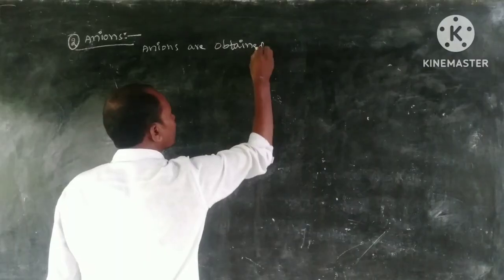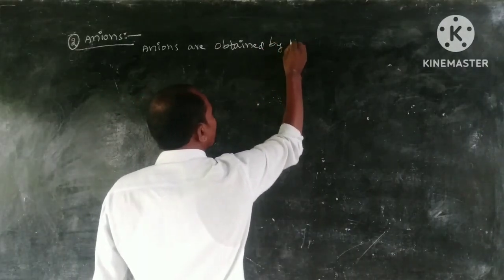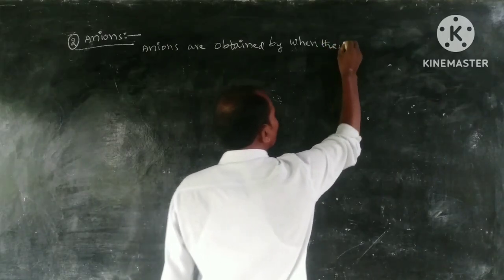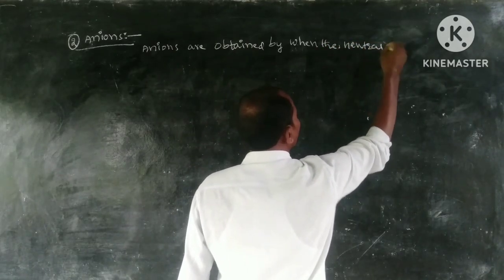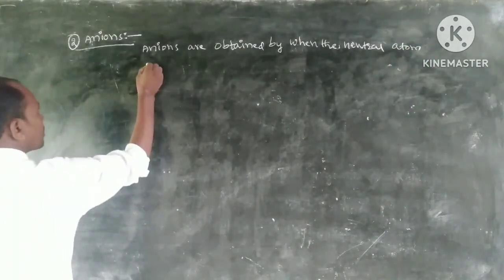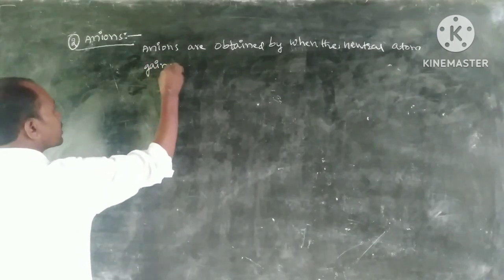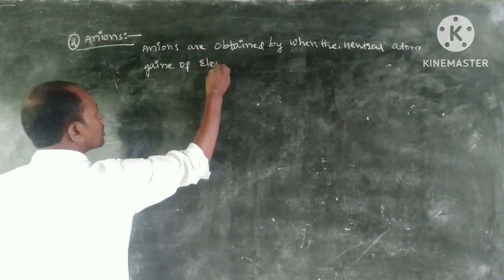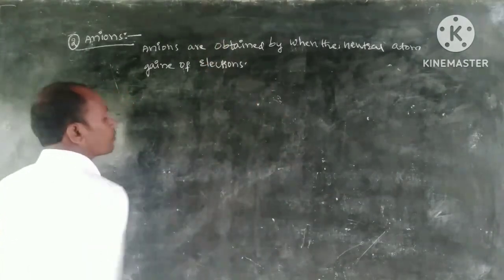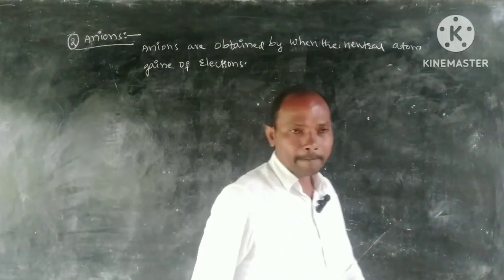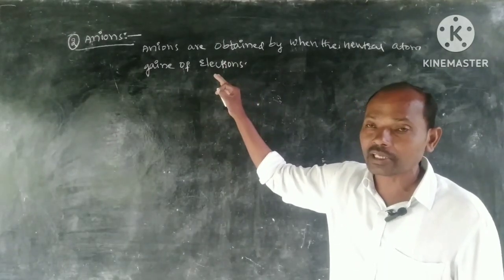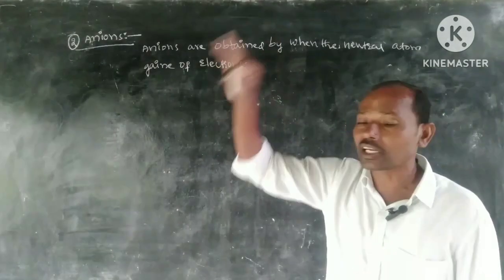the neutral atom gaining electrons. Cations are obtained by the loss of electrons in the neutral atom, but anions are obtained if the neutral atom gains electrons.